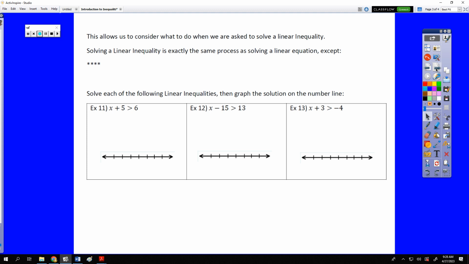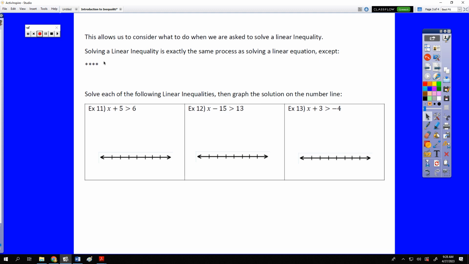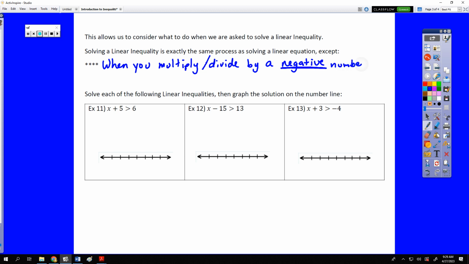There's only one difference, and that is when you multiply or divide by a negative number, yep, I need to write this down. We must flip the inequality. Meaning that less than would turn into greater than and vice versa. Okay?